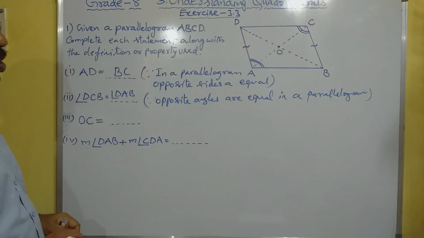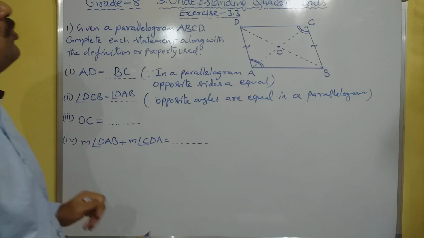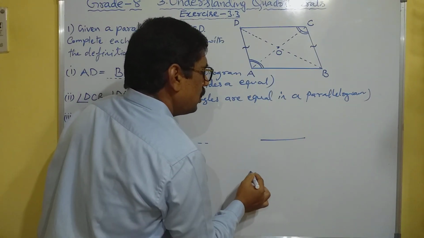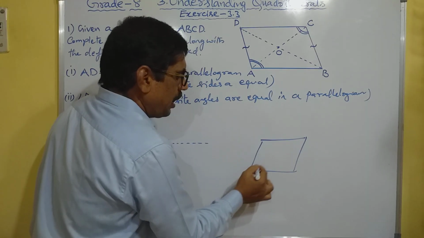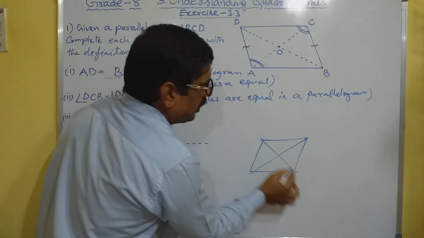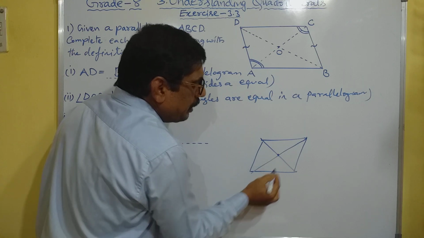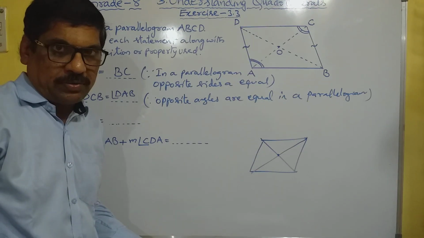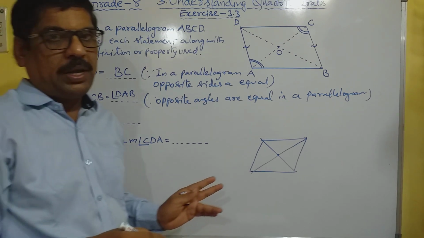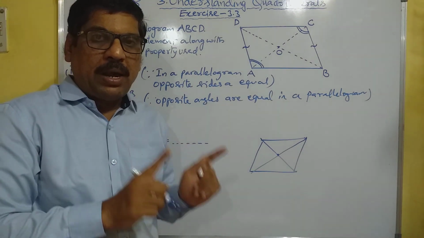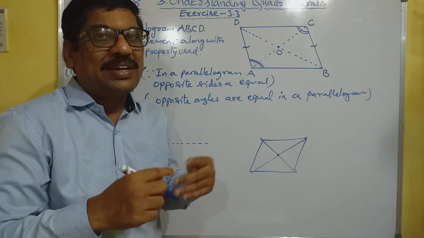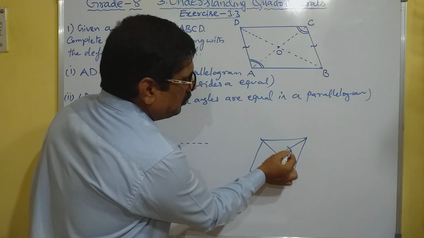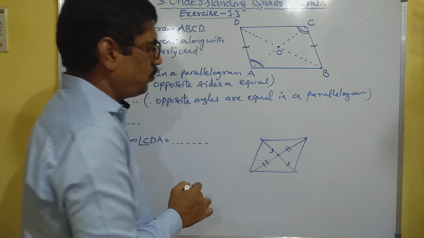Now look at this. OC is equal to, what is OC? A parallelogram has two diagonals. They both meet at a point. That point is the midpoint for both the diagonals. Why? Because we have the property that in a parallelogram, the diagonals bisect each other. That means this part is equal to this part and this part is equal to this part.